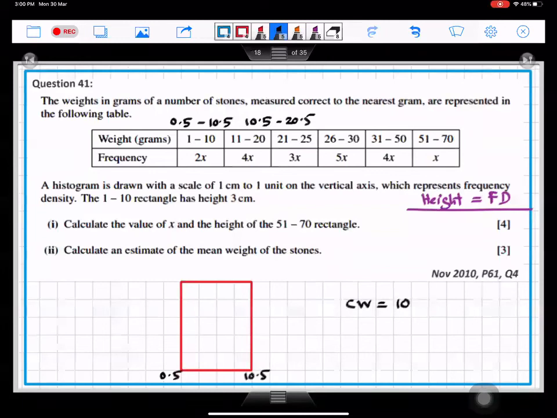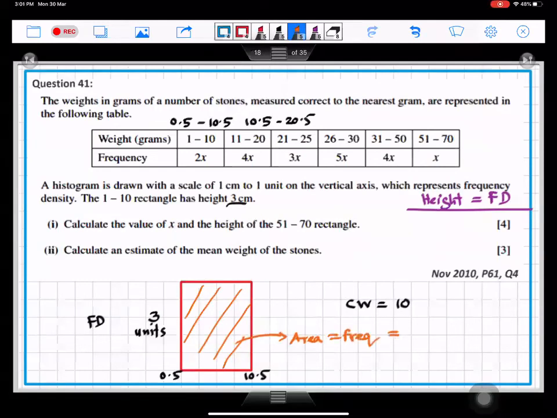The height is 3 centimeters, which means 3 units of frequency density. That means the area of this bar, the area, is the frequency. That comes out to be 3 times 10, that is 30.